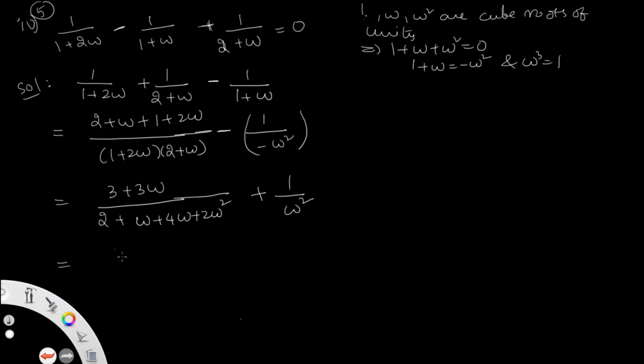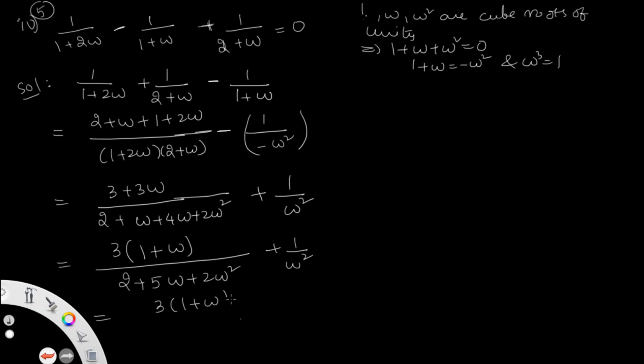In the numerator, 3 is common: 1 plus omega divided by 2 plus 5 omega plus 2 omega square, plus 1 by omega square. That is 3 into 1 plus omega divided by 5 omega.